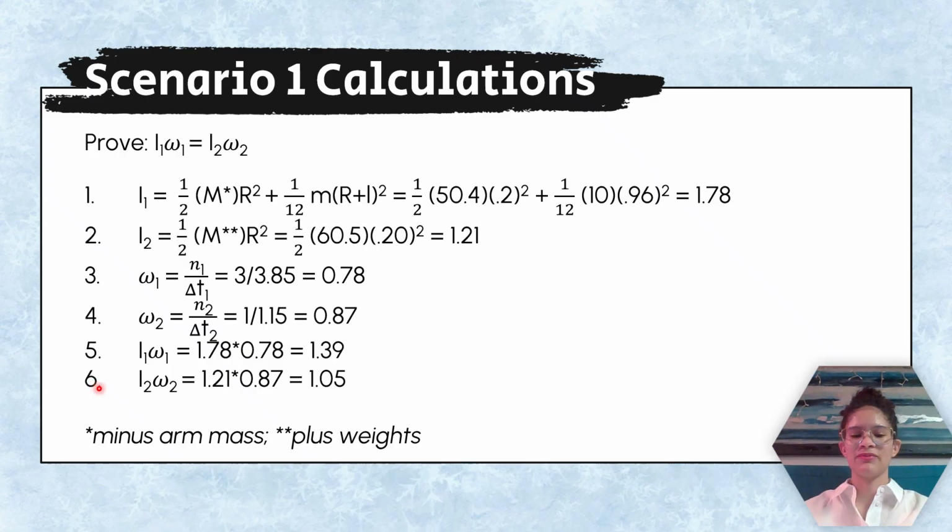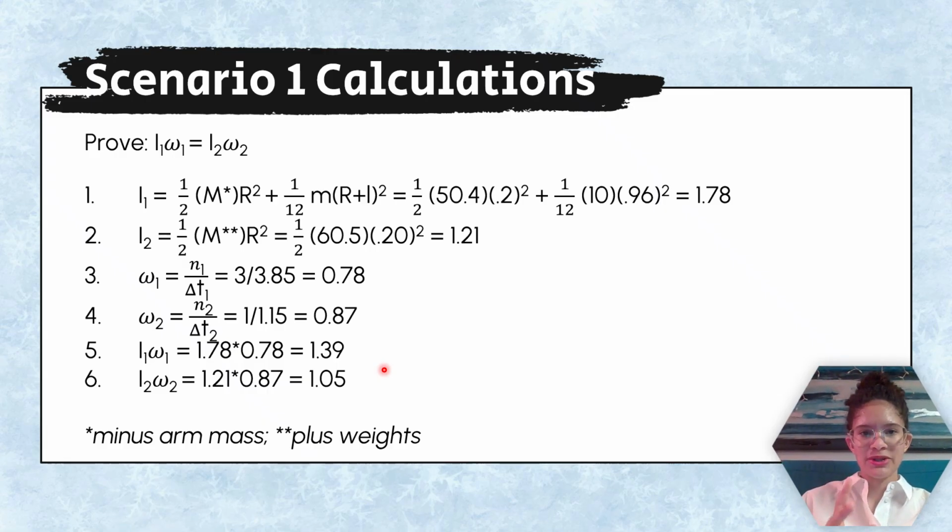Multiply the first rotational inertia times rotational velocity, the second rotational inertia times rotational velocity, and they are just a little bit off, which is due to experimental error. But you can see that they end up nearly the same amount, proving conservation of angular momentum.